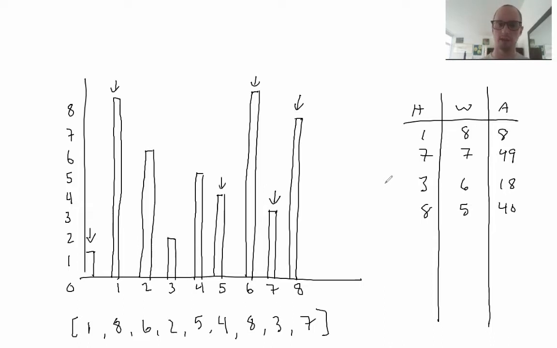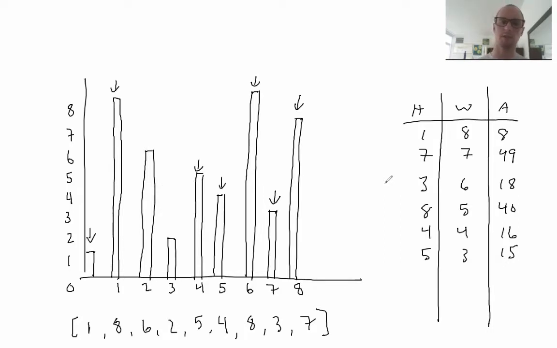So now this gives us a height of 4 and a width of 4, giving us a volume of 16. So we will decrement the ending pointer again. This will give us a height of 5 and a width of 3, giving us an area of 15.